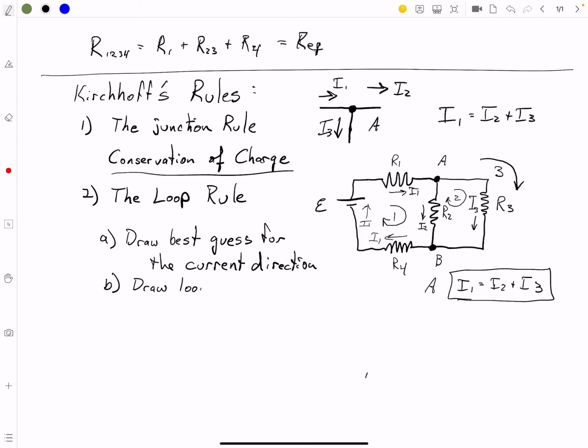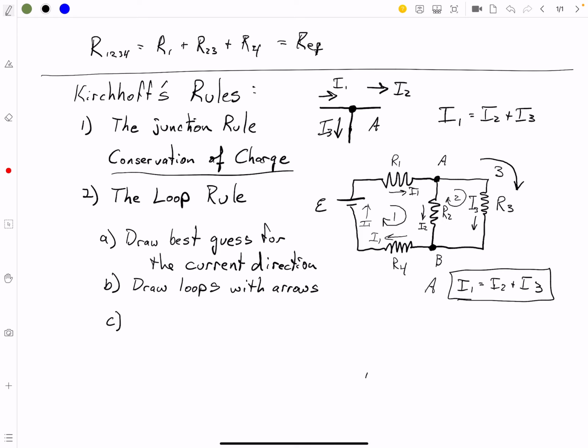And it's important that you know which direction your loop is going, so have an arrow on the loops. Okay. I drew 3 loops. So now here we go.